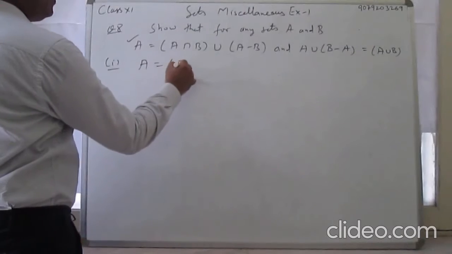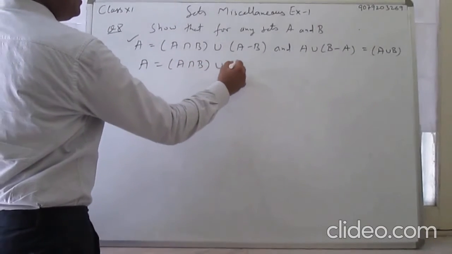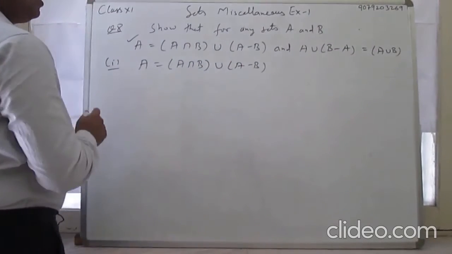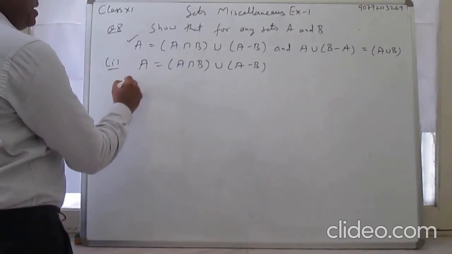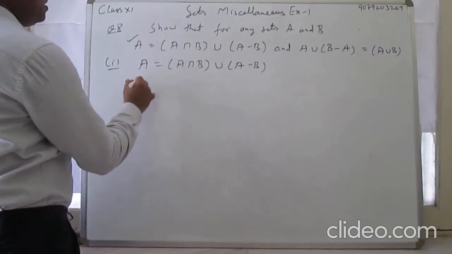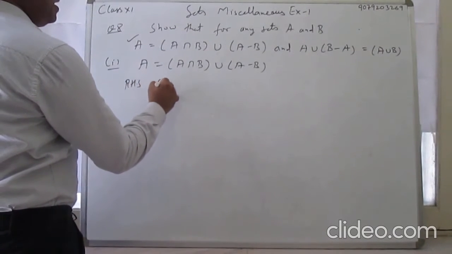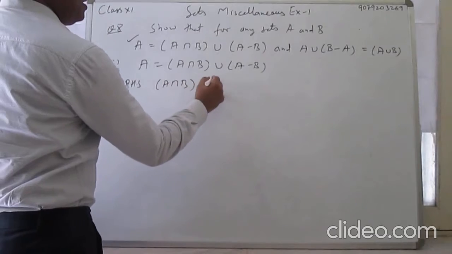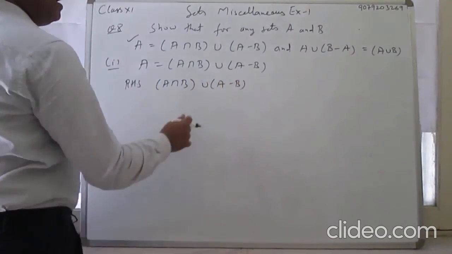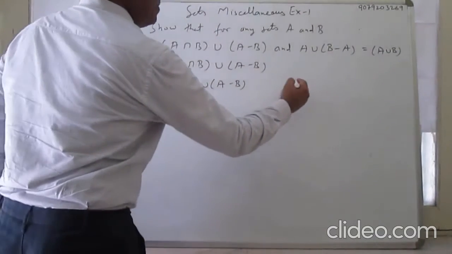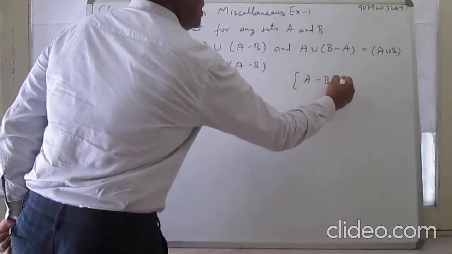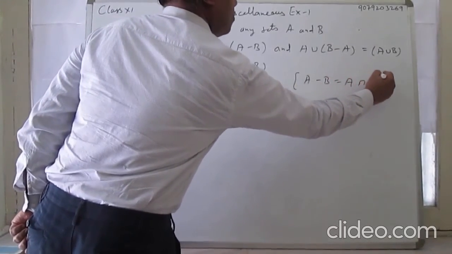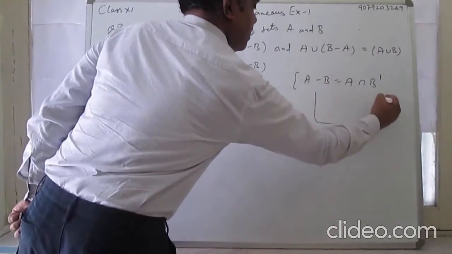A is equal to A intersection B union A minus B. So in this right hand side I will take A intersection B union A minus B. A minus B, what can you write? A minus B you can write A intersection B complement. See in Venn diagram.